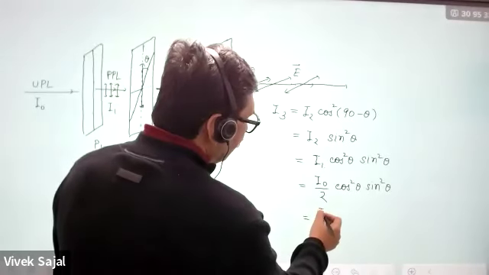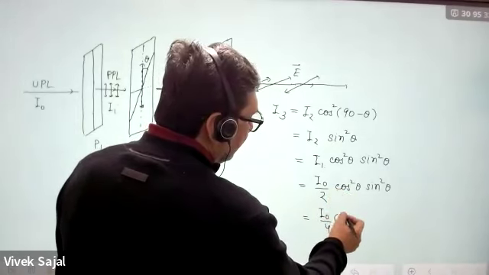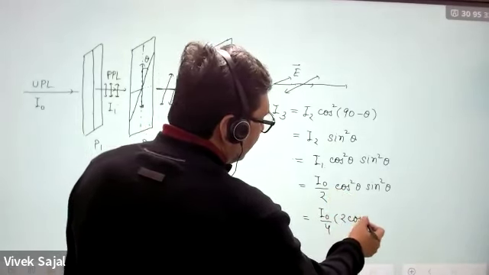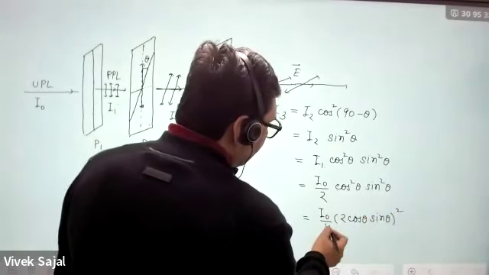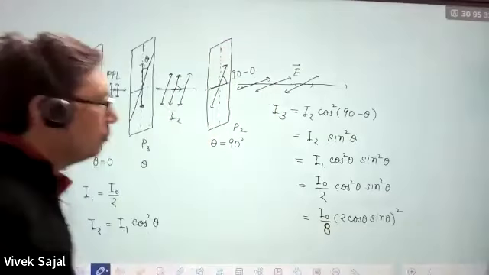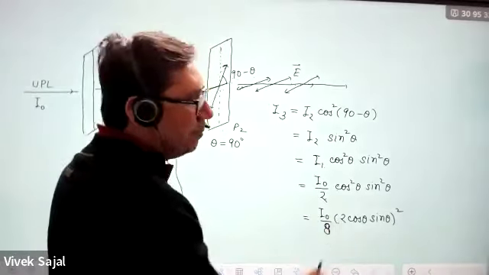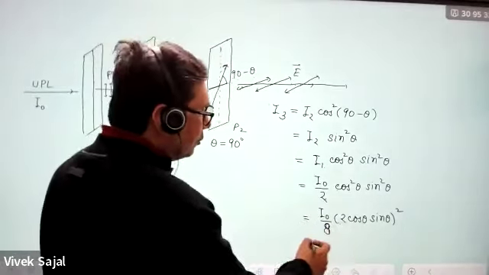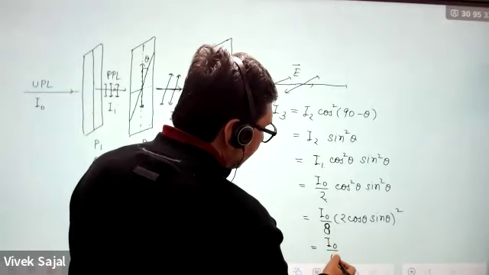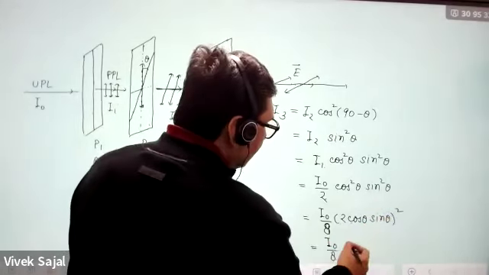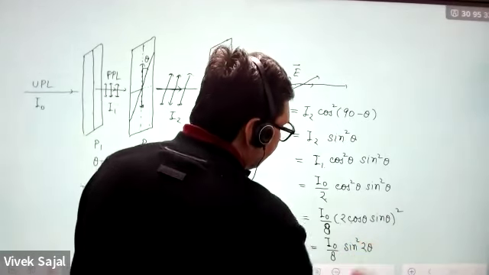So I will write it as I naught by 8, and with the 4 here I can write it as 2 times cos theta sine theta, whole square. The 2 was already there, and I multiplied numerator and denominator by 4, so 8 is the denominator and 4 is in the numerator. This is sine square 2 theta, so I naught by 8 sine square 2 theta.